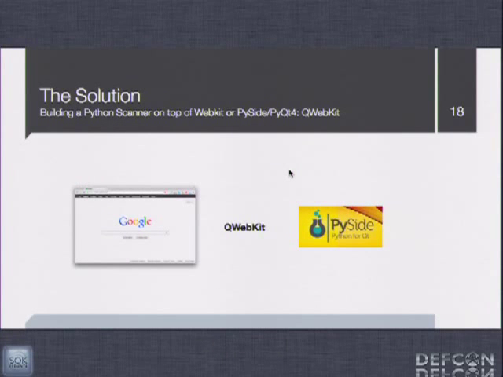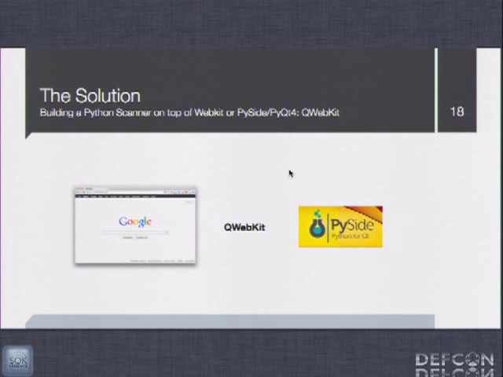So I jumped over a couple of slides, but I wanted to come to that final point very quickly, because the fundamental reason for this talk is simply, and that's really simple, I created a Python web scanner and replaced the core component that we know from all the scanners out there. I replaced that with a web browser.